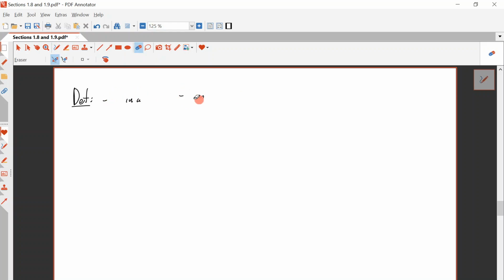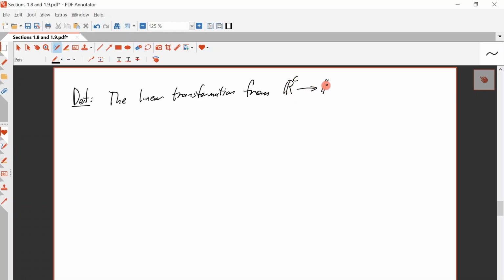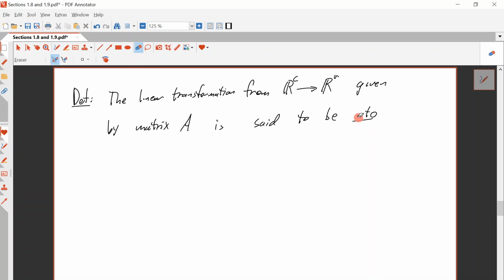Or the linear transformation from RC to RR given by matrix A is said to be an onto linear transformation.